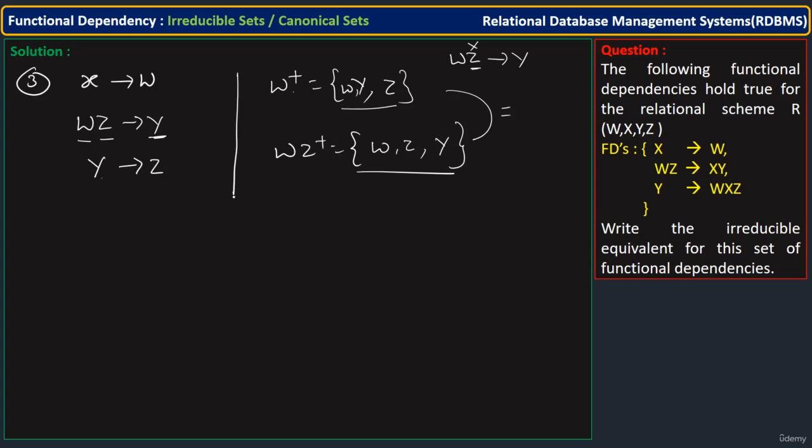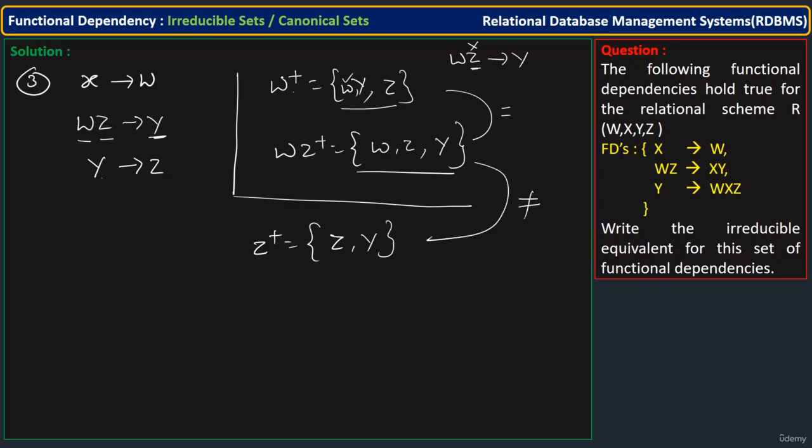In the same way, let us cross check for Z closure also. If you have Z closure, Z, of course, and Y we will get, Y generates Z. But you are unable to generate W with only Z. That means these two are not the same. Got it or not?